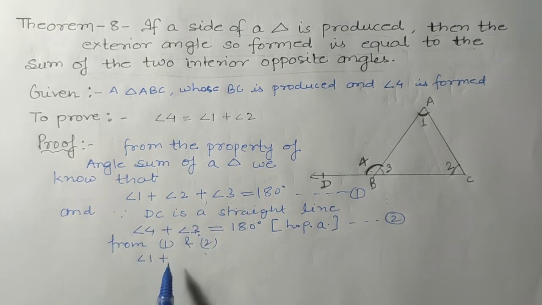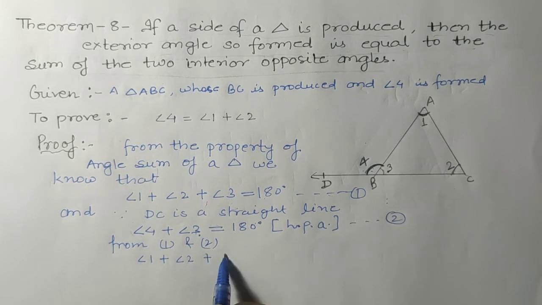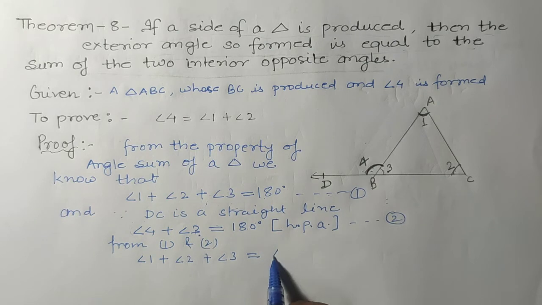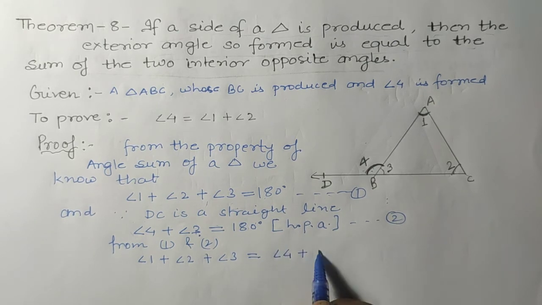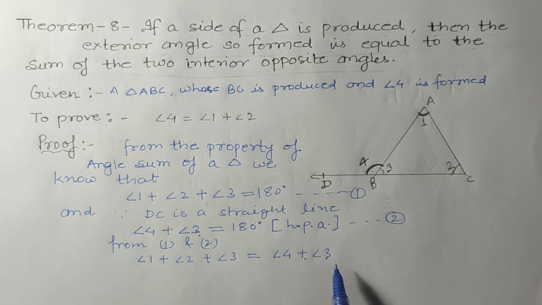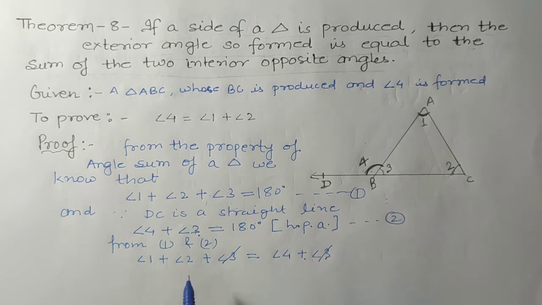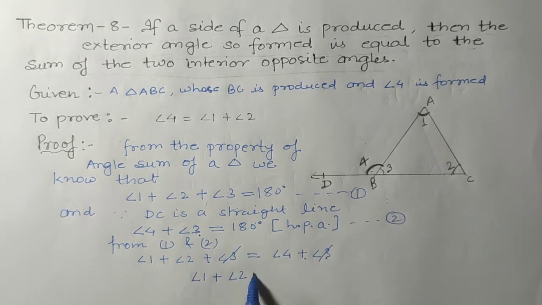So angle 1 plus angle 2 plus angle 3 should be equal to the left hand side of the second equation, meaning angle 4 plus angle 3. Now see students, angle 3 with the positive sign is on the left hand side, and angle 3 with positive sign is on the right hand side also. So it will cancel out. So what is left? The left is angle 1 plus angle 2 is equal to angle 4.